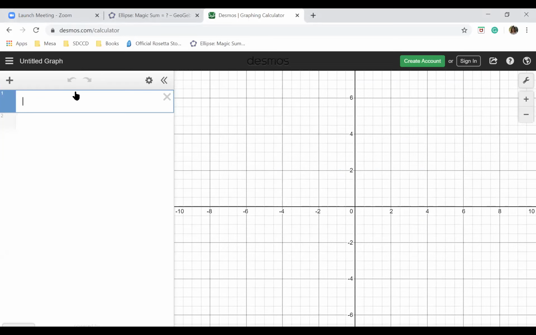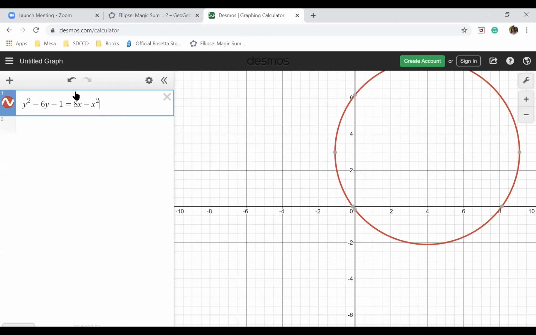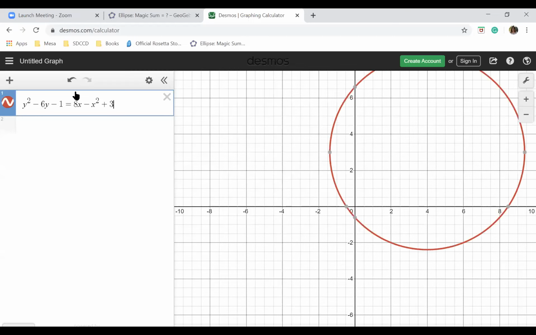Okay. So the equation that we had was y squared minus 6y minus 1 equals 8x minus x squared plus 3.